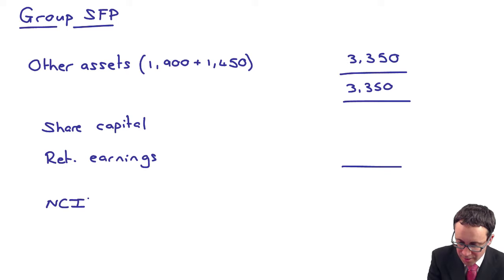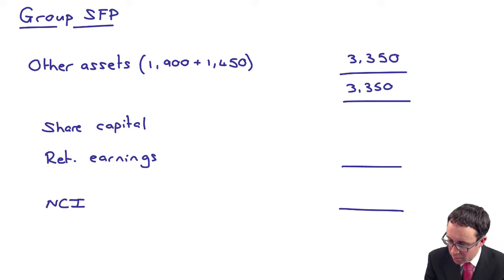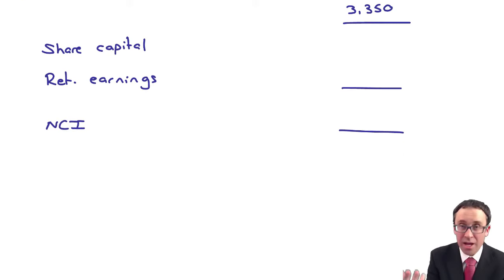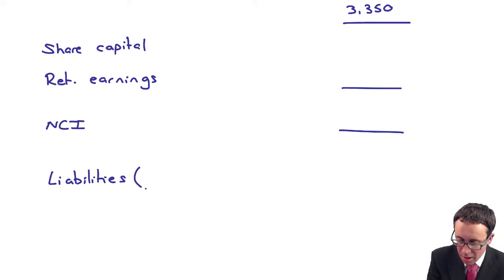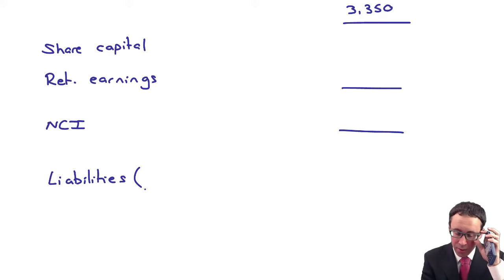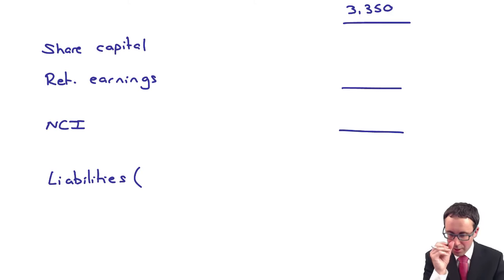And then we put in the NCI. And then once you've got the NCI, you will then go through that. Leave a line for the subtotal. We will then put in our liabilities. Our liabilities, I can't remember what they were, so I'll go back and have a look.